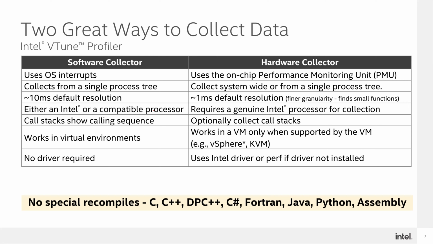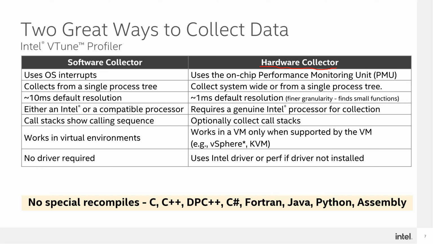And for better granularity, you have to use the hardware collection. The hardware collection uses directly the performance monitoring units and all the hundreds or thousands of events that you can generate here. You can either collect system-wide or you can collect just a single process.